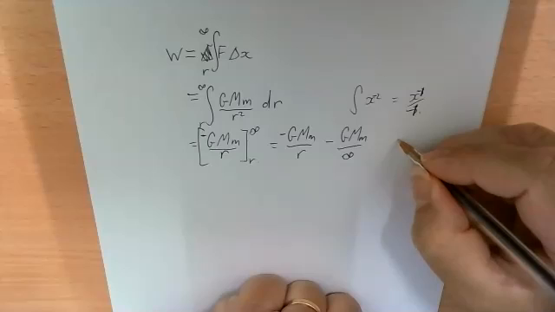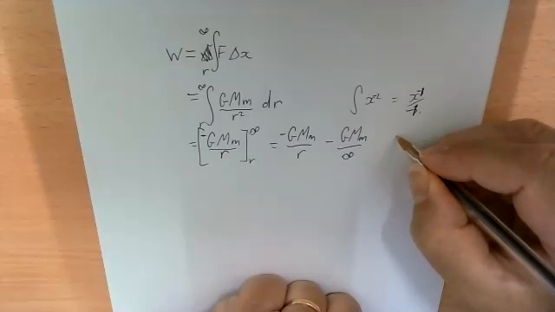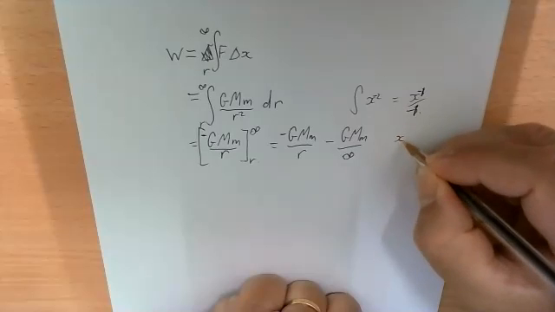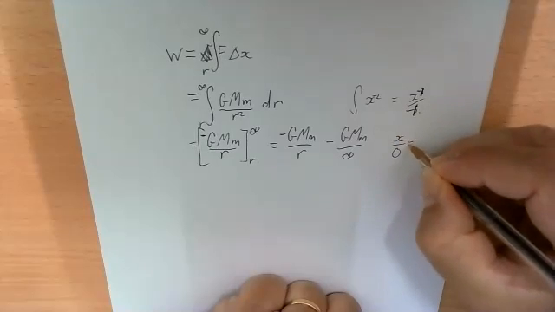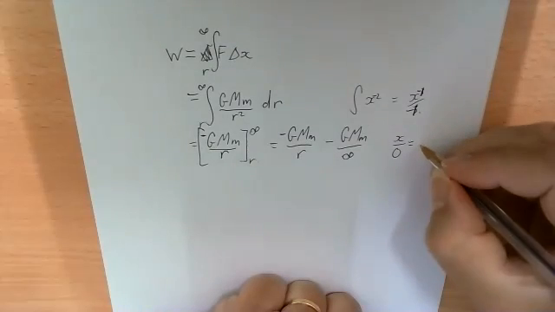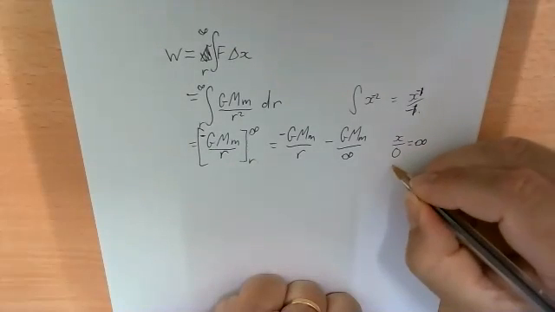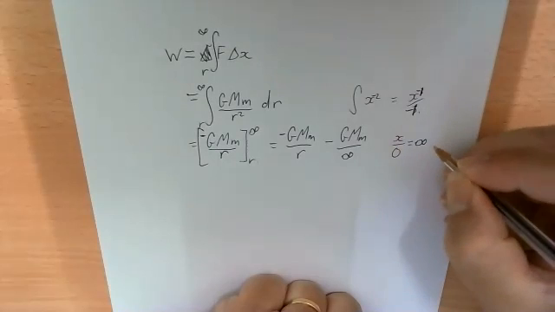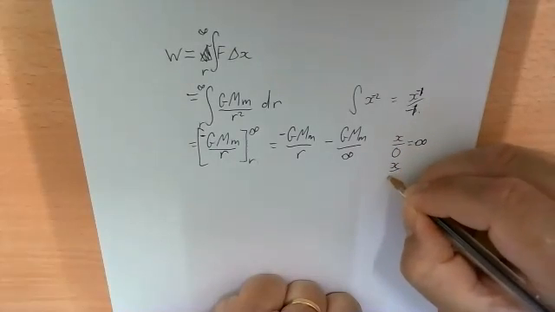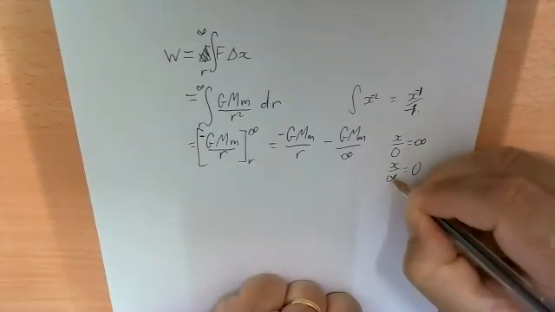Well, any number divided by infinity must be 0.